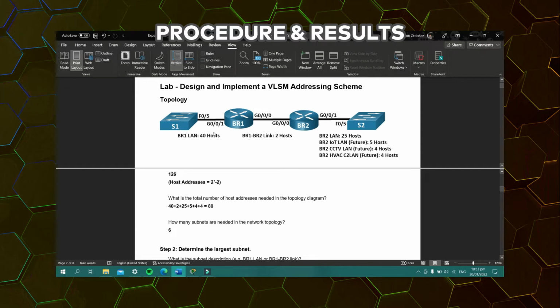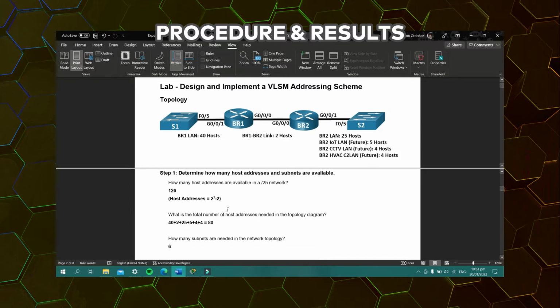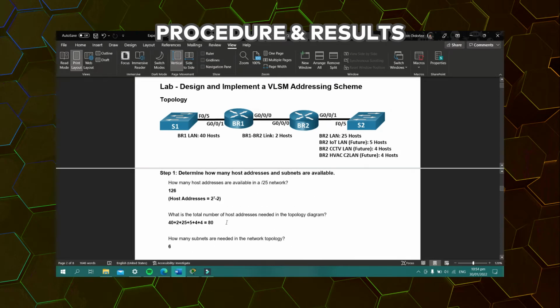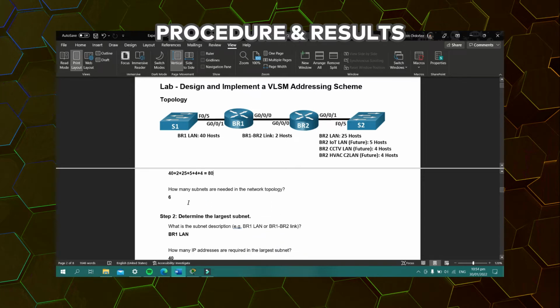This is derived from the number of hosts required by each subnet. The answer is 80.